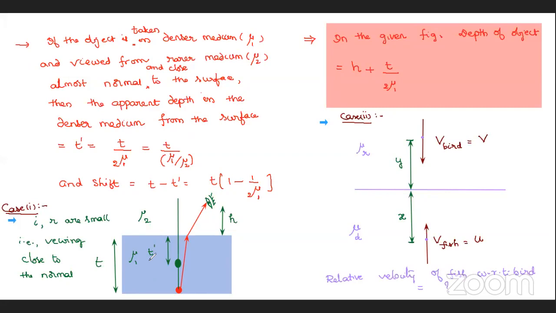If you take the object somewhere here, not at the bottom, I should not take the original depth as the thickness. Understood? In the derivation, T is the original depth, where T is the original depth of the object.